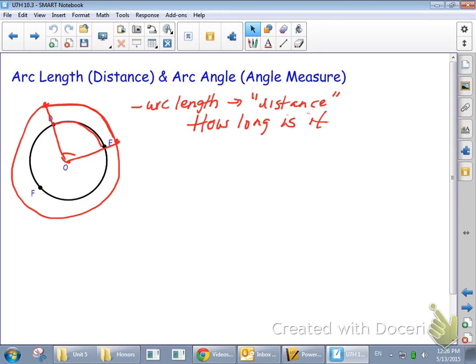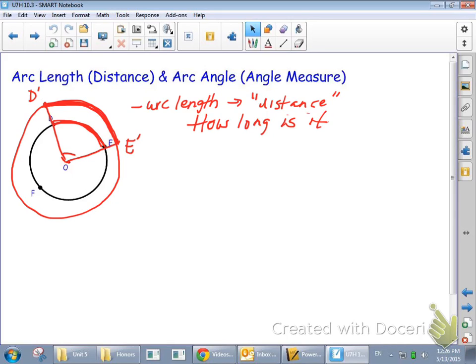Do you think this arc length, let's call this D prime and E prime, is the same as this arc length here? So is arc length DE congruent to arc length D prime E prime? Well, you can kind of see. Imagine holding a string and measuring this one and then measuring this one. Don't you think the string on this outside one is going to be longer? True, it's going to be longer. So arc length is like your string measurement.